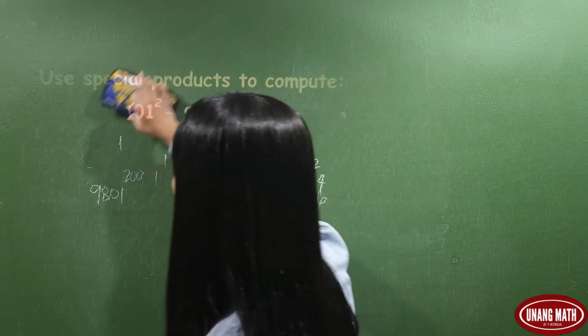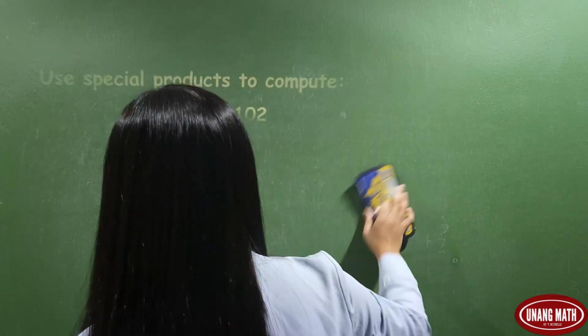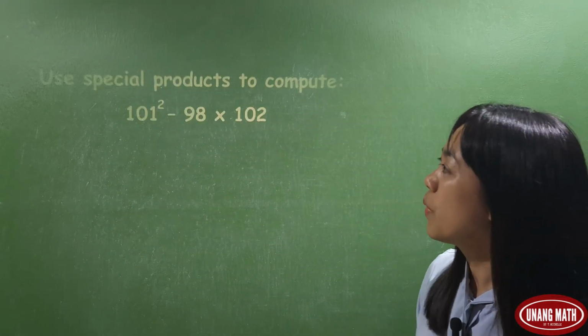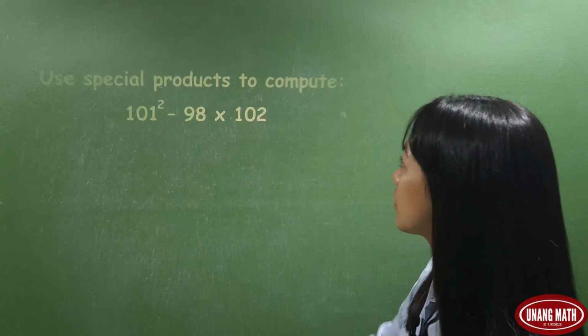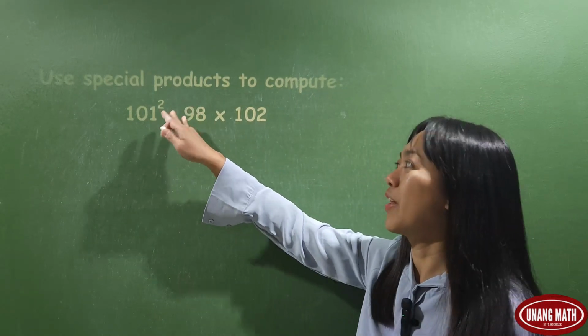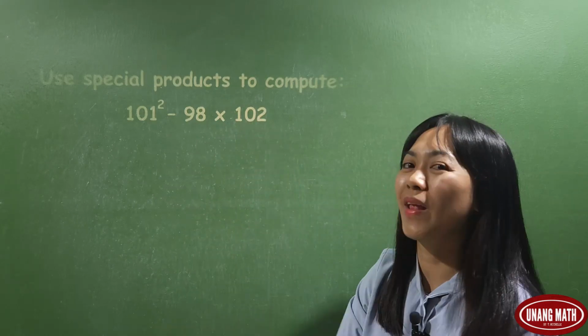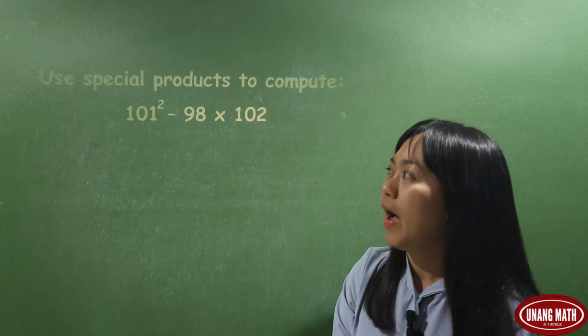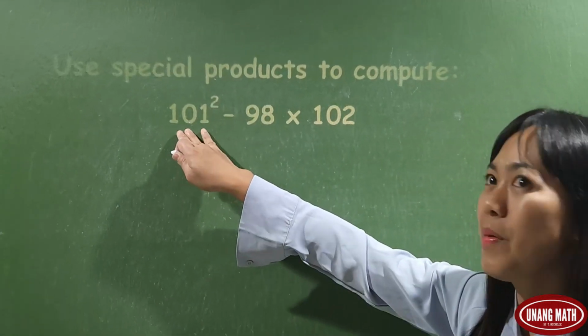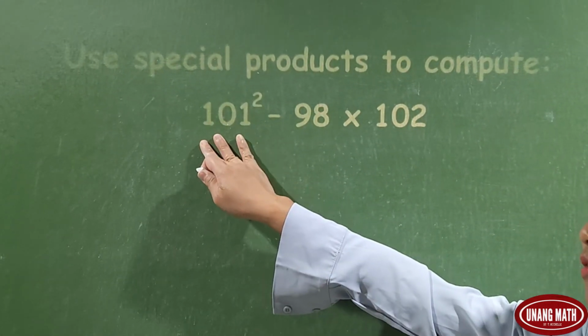Okay, now let's answer these problems. We will use special products to compute 101 squared minus 98 times 102. Okay, for 101 squared, we will make use of square of binomials.